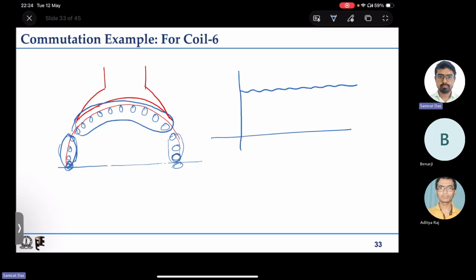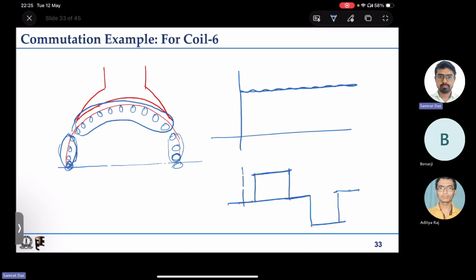So we see that although the induced EMFs of individual coils are quasi-square wave like this, positive in some region, zero in some region, again negative in some region, due to the commutator and brush arrangement and their interconnections, and if we ensure a high enough number of coils by putting more slots, then the net induced EMF reflected across the two terminals of the brush is reasonably a DC value with negligible ripple.